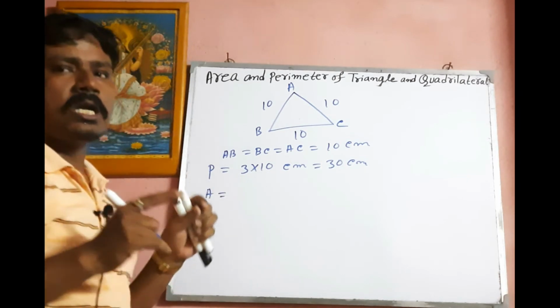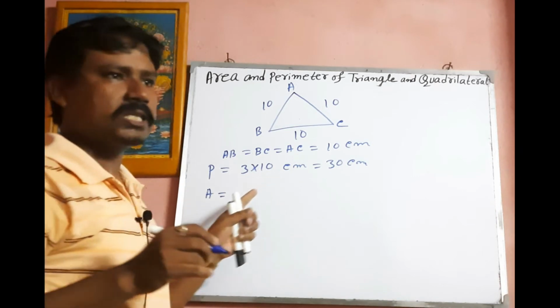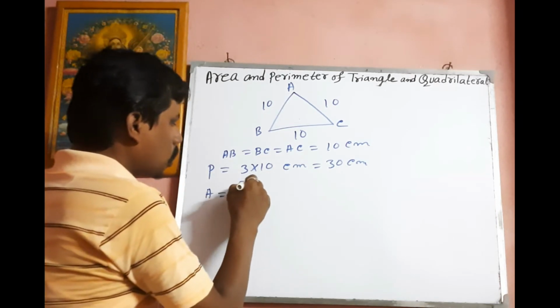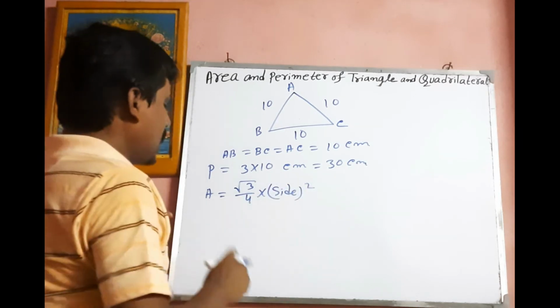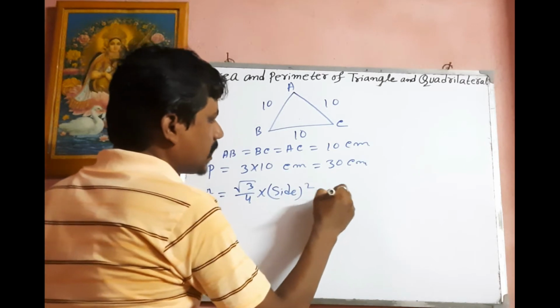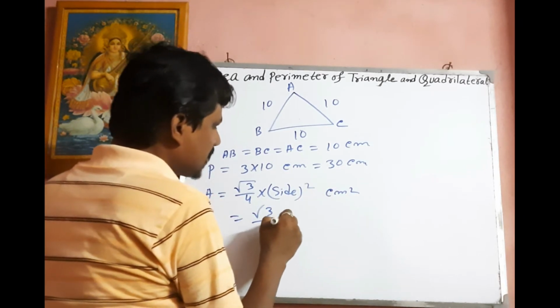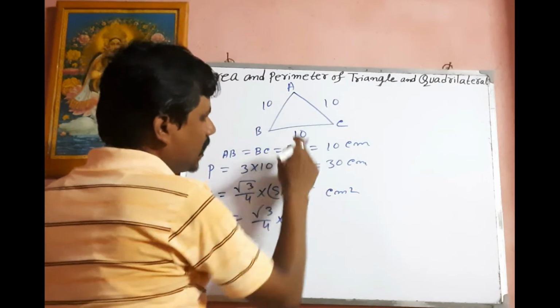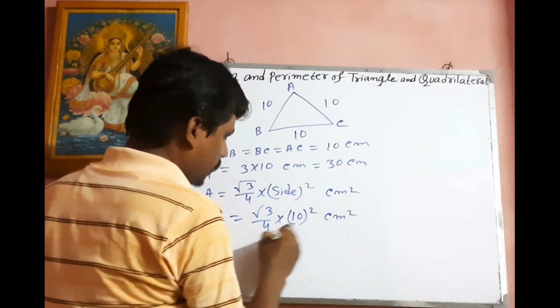And now the area. We know that the area of an equilateral triangle is equal to root 3 by 4 into side square, and this is centimeter square. Here the side is 10, so we put the side as 10 centimeter.